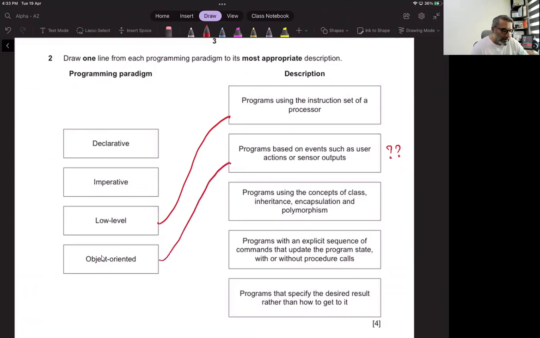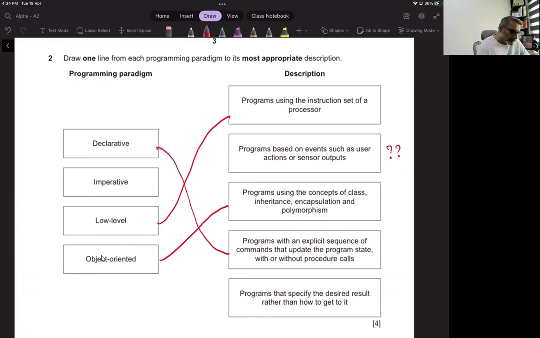Programs with an explicit sequence of commands that update the program state with or without procedure calls.